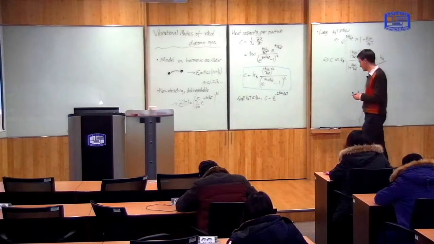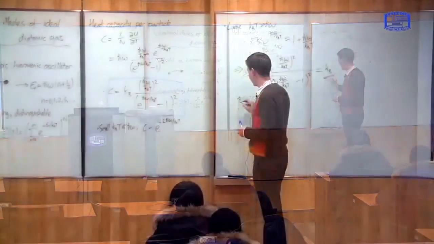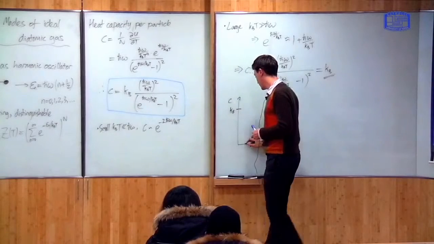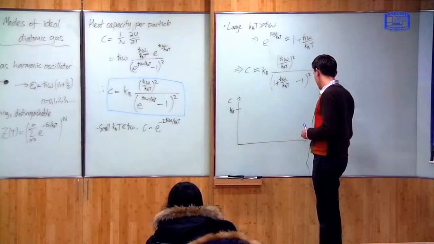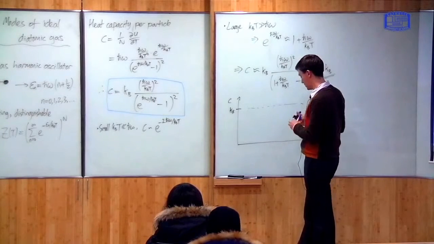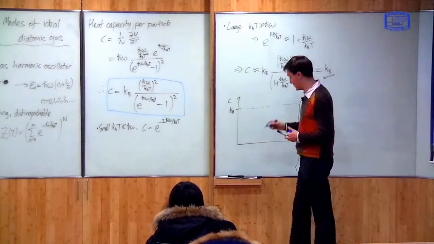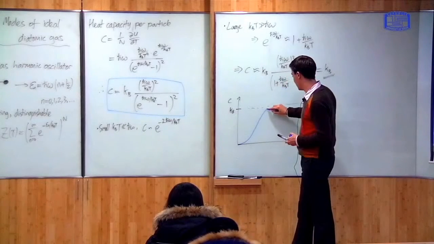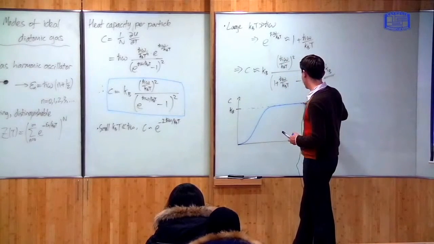If I put these two things together, I can finally draw a graph. Heat capacity has a limiting value of the Boltzmann constant as a function of temperature. For small temperatures, it is exponentially suppressed, then it rises, and then at high temperatures, it tends to the limit of kB.